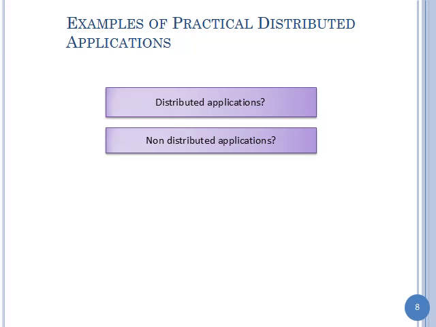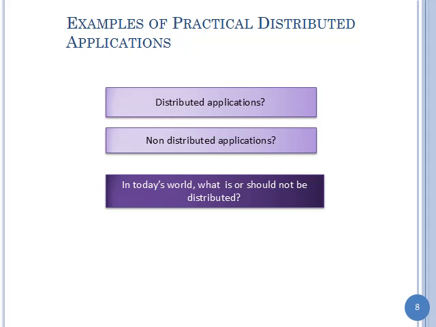Like you said, the harder question is what's not a distributed application. Any computation, any functionality that you can imagine, you might want to present as a web service, so it becomes distributed. It may involve complex computations, and it might have large amounts of data. So in today's world, it's hard to answer the question of what should not be distributed, and the only reason to not distribute something is security.